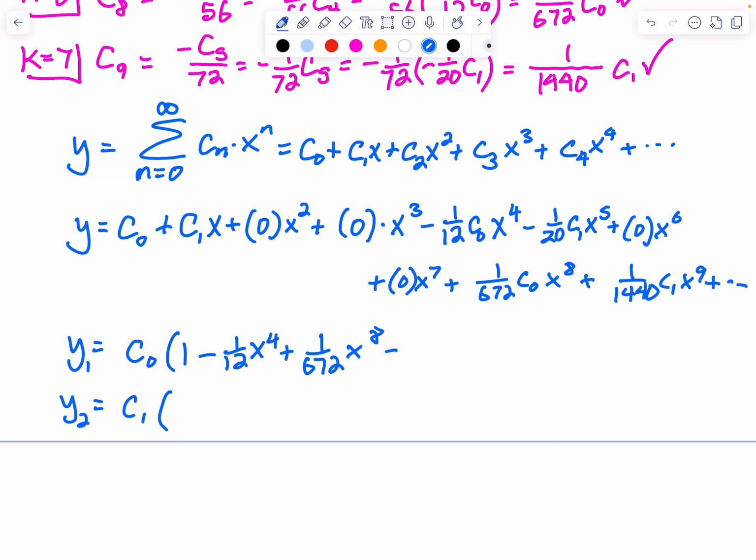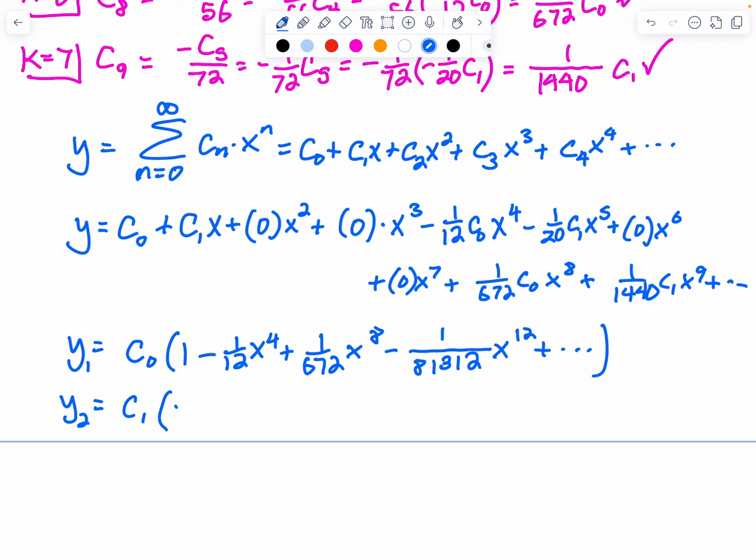I'll give you a little bit more if you want to keep going and see if you can figure out how to go further. We're going to get minus 1 over 83,1312 x to the 12th, and then this goes on infinitely with a bunch of different numbers.